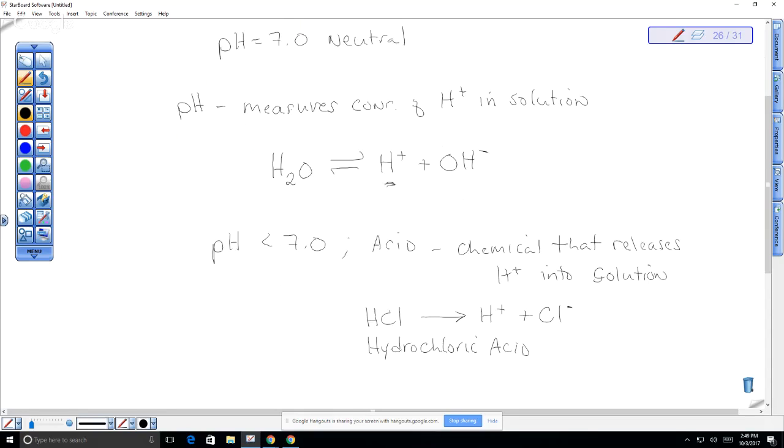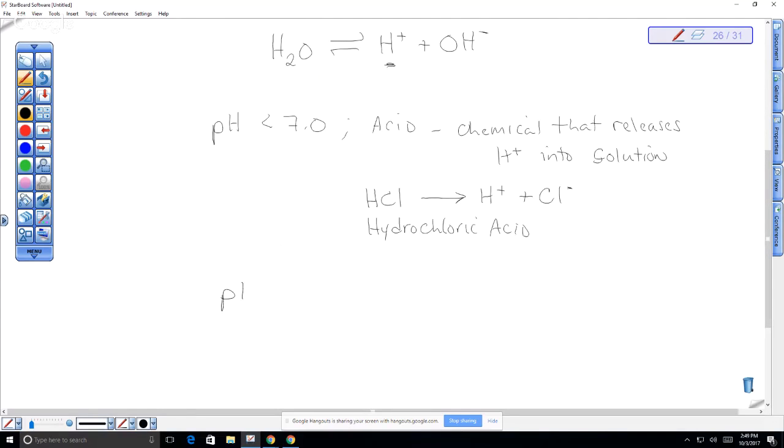If the pH is greater than 7, then it is alkaline or a base. If you say something's basic, that means it has a pH of over 7, and alkaline is just another word for that.